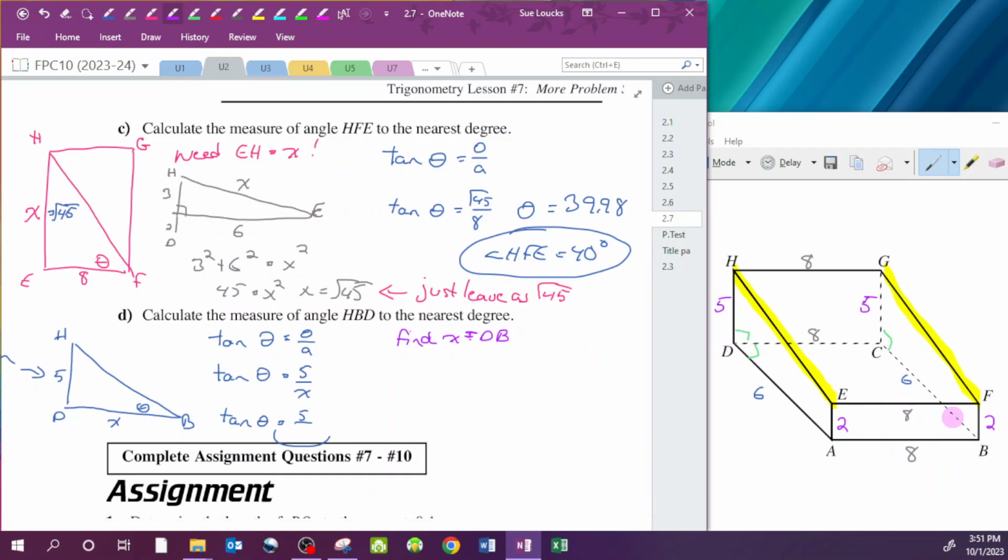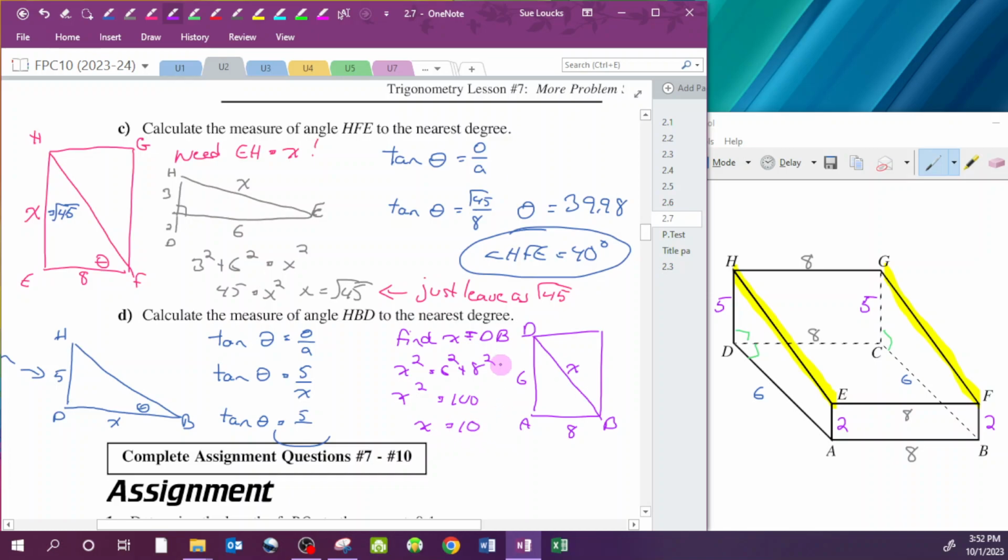And I do have a box on the bottom of my box that I can use. So this is D and this is A and this is B. And since I know that DA is 6 and AB is 8, this is my X. I can use Pythagoras. So X squared equals 6 squared plus 8 squared. So X squared is 100 and X is exactly 10.